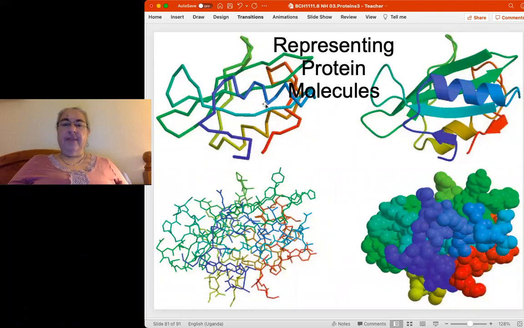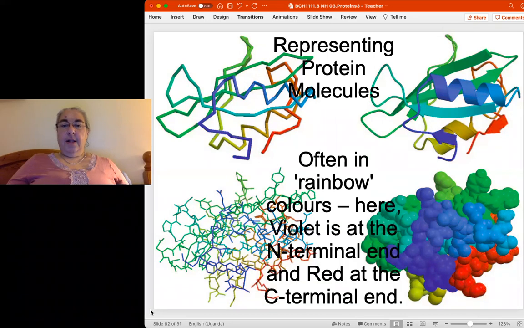You can see that they look somehow a bit similar, but they're also quite different. So let's look at these and understand what we're seeing. First of all, different colors. This does make them look quite pretty, but it's not just done to make them look pretty.